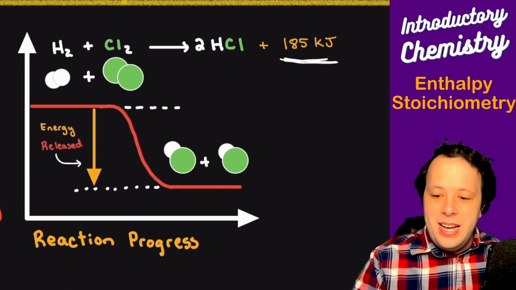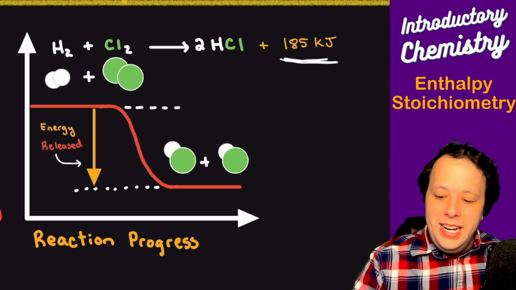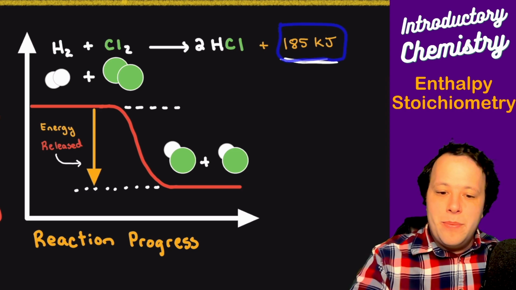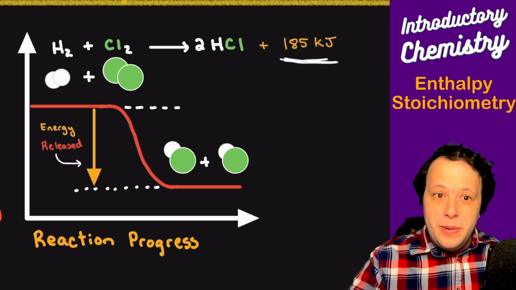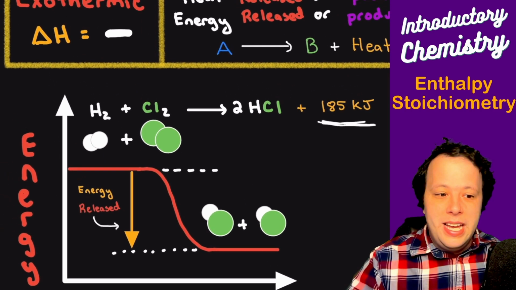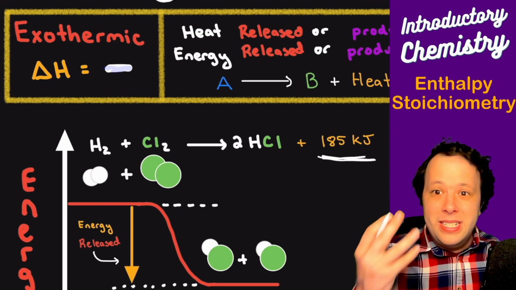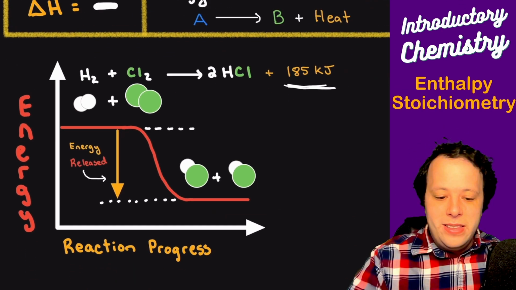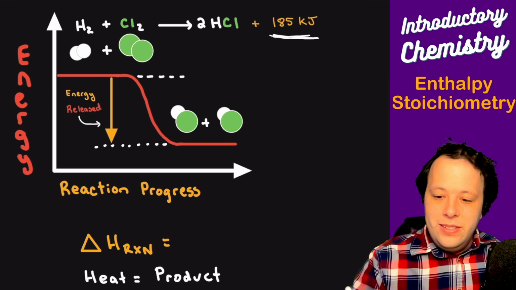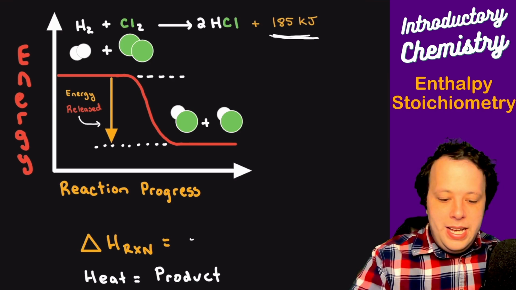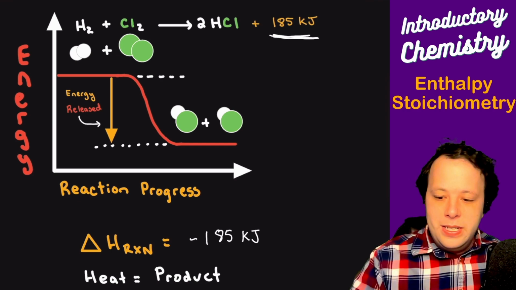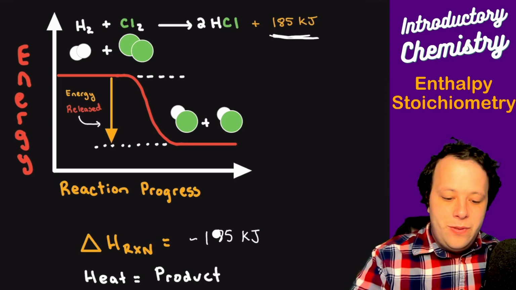Being that we have 185 in the products and it's exothermic, we're going to represent that using a negative value for exo. So exo is negative. When we write delta H, we're going to put negative 185 kilojoules as our answer.